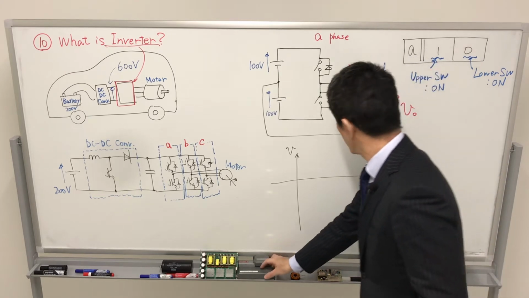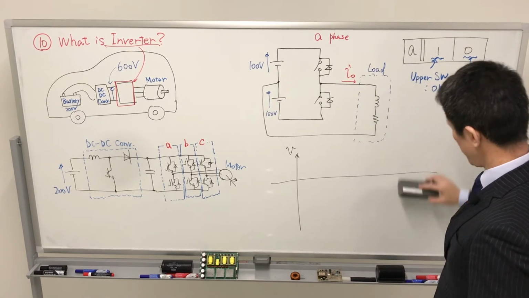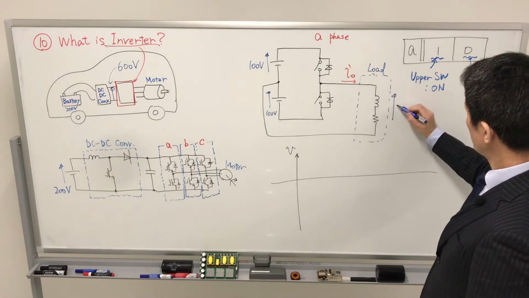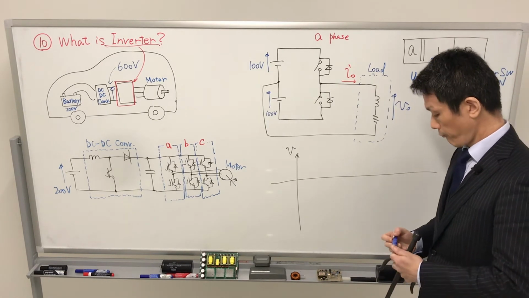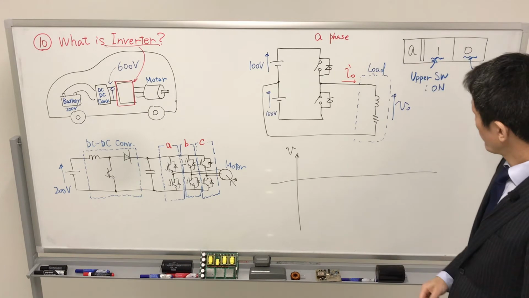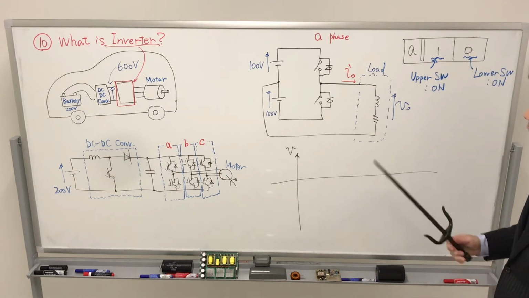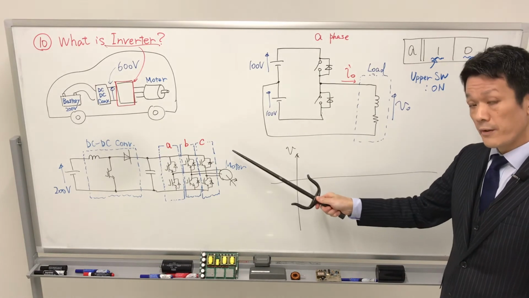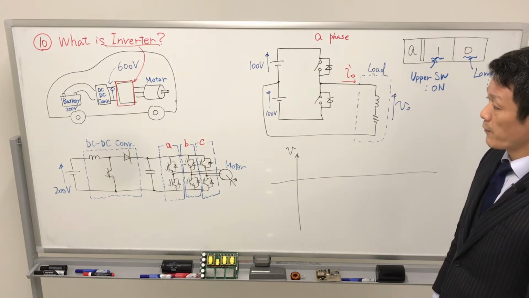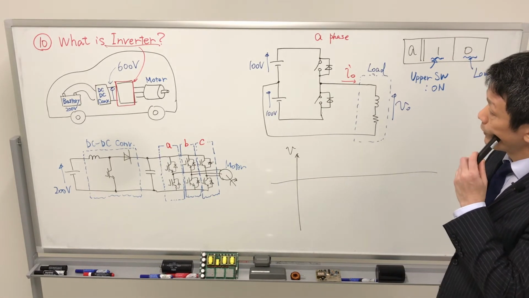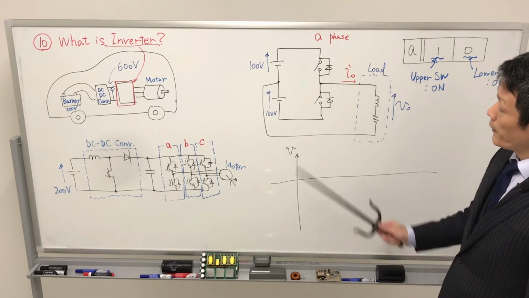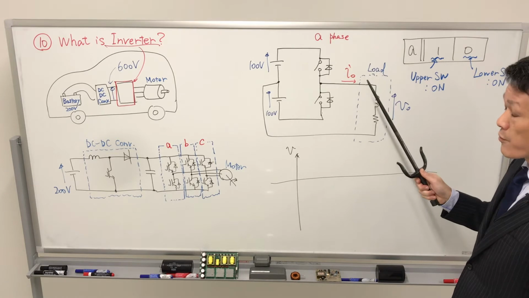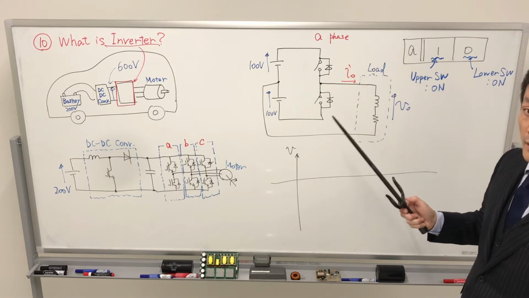Let's make this the blue line. A, B, C. We call each phase A, B, C, and its switching condition is usually indicated by 1 or 0.